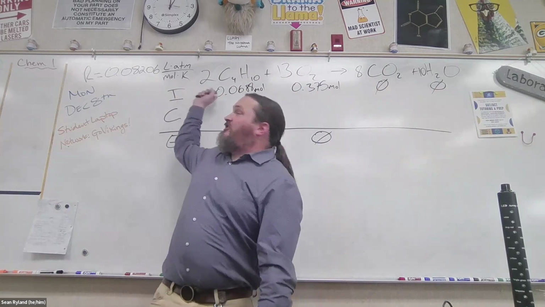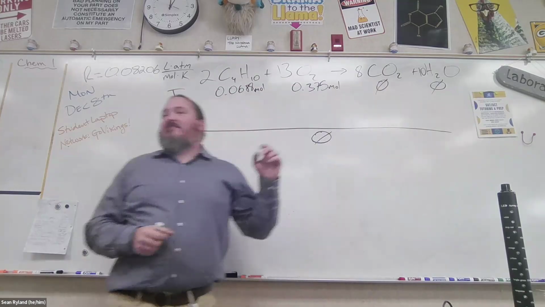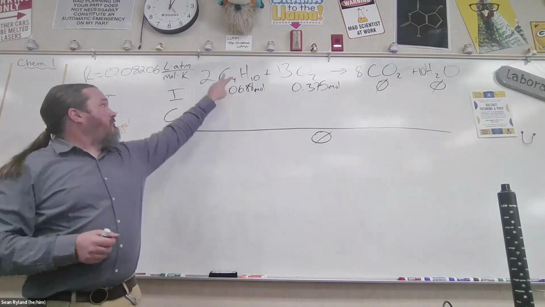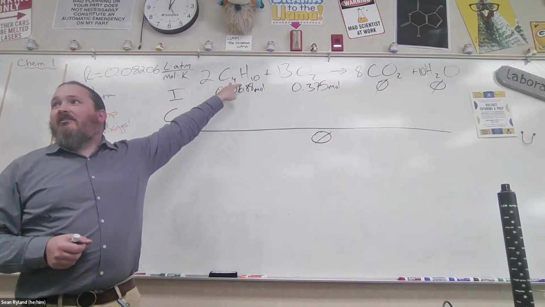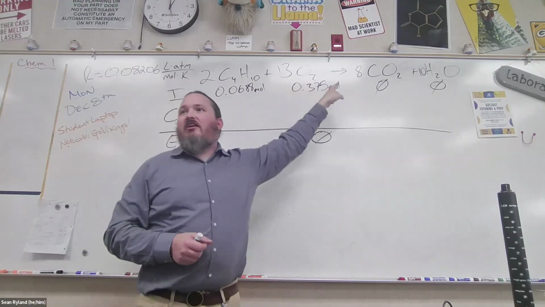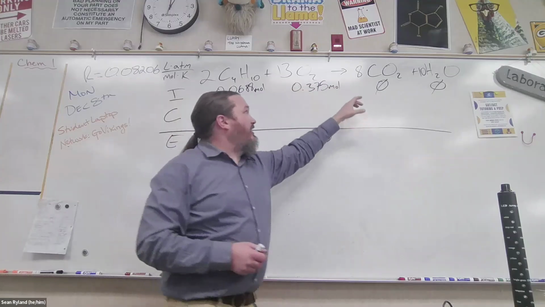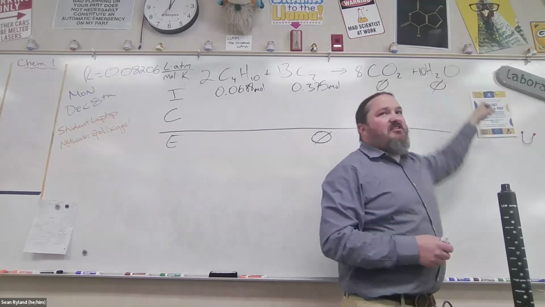How many, sorry, C4H10s? That's butane in OChem speak. We're going to use 2 C4H10s, and we're going to use 13 oxygens every time this reaction happens, right? And we're going to make 8 CO2s and 10 waters.